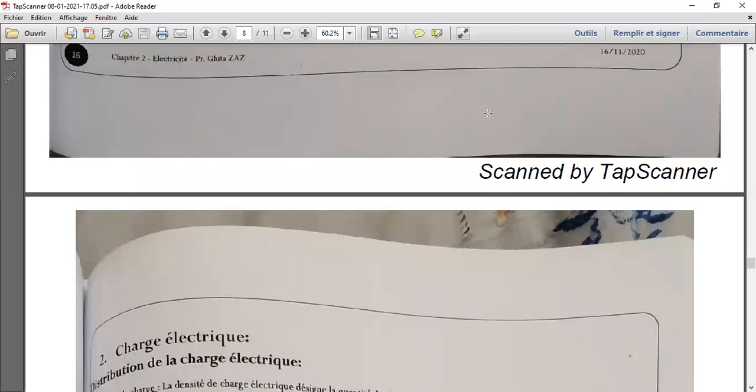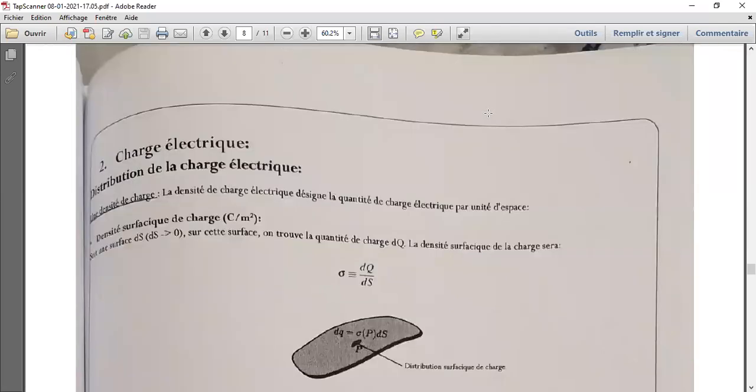Then we looked at the surface charge density, when there is a cloud of charges on a surface. The formula is sigma equals dq over ds, where ds is the surface where you find those charges. It's a cloud of charges, meaning you can't really know where the charges are. That's why we use dq, the differential of q.